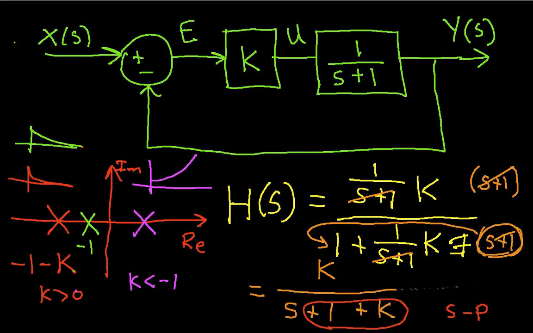As I make this gain k larger, then the input to the system u also becomes larger. So I might have a fairly small error. If I make k quite large, then the input u can also be quite large. Now, for some systems this is fine. For other systems this may be a problem.